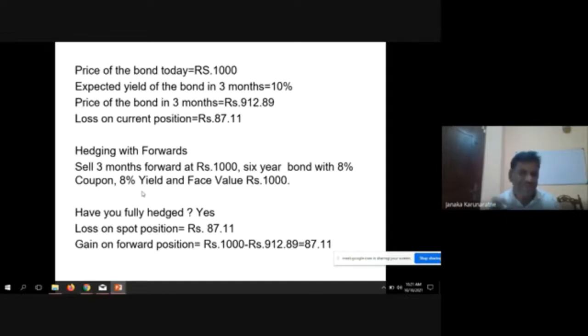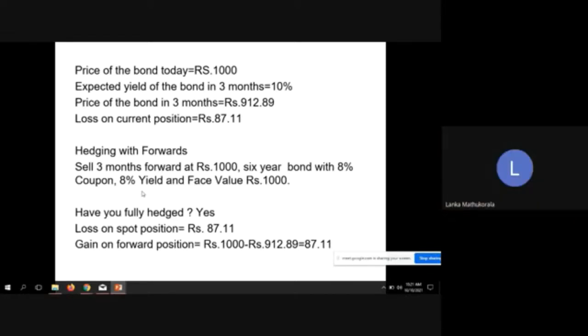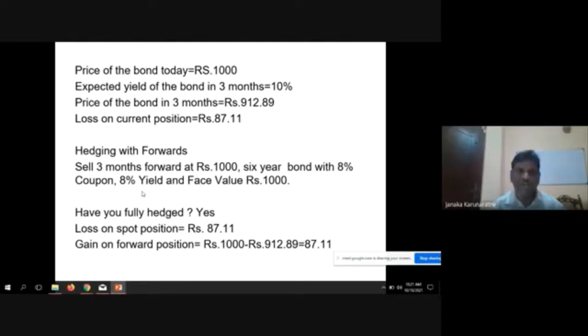So your loss in the forward market will be offset by the gain. So ultimately your position will be what? How much? You end up with 0 difference. Yeah, 0 in the sense you will realize 1,000 rupees, because you are covering yourself. Because your target is 1,000, you ended up with 1,000.